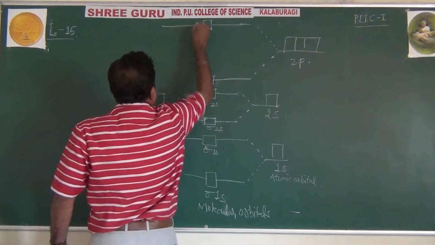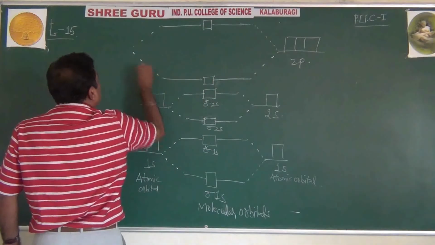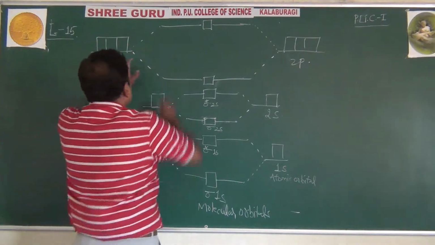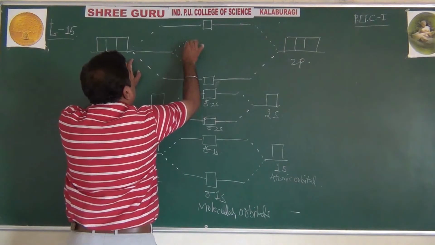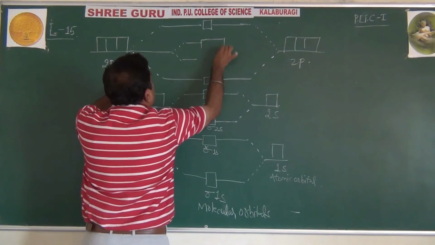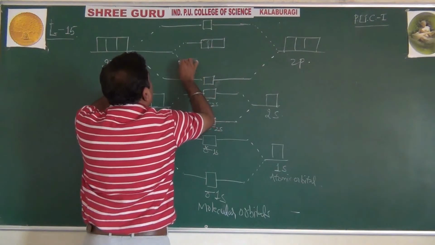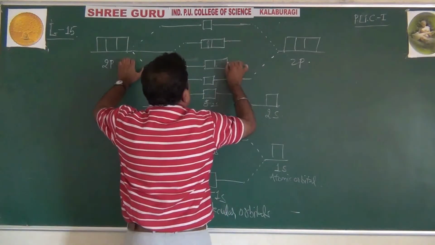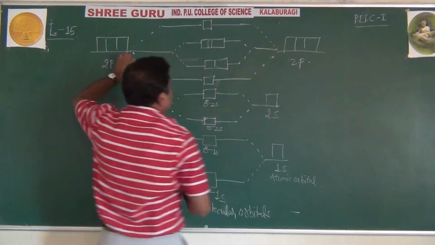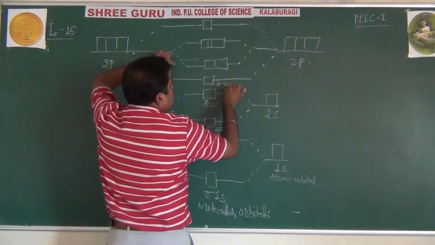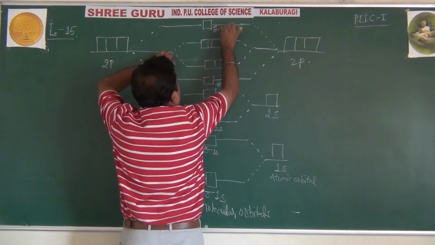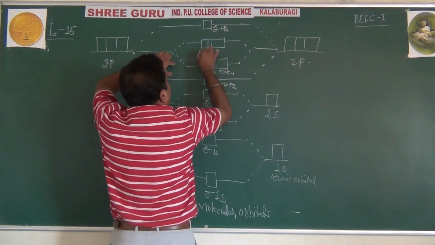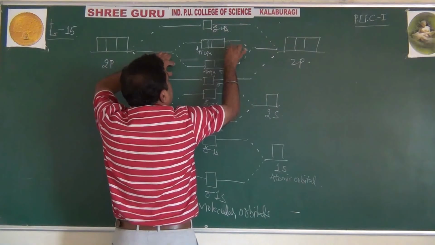Here also the same thing, 2px, 2py, 2pz. Now here in between you have two boxes, that is important. This is sigma 2pz. This is called sigma star 2pz. Pi 2px, pi 2py, bonding. Antibonding, pi star 2px, pi star 2py.